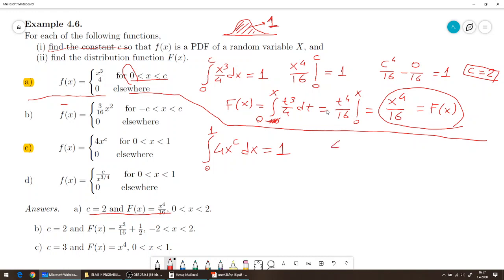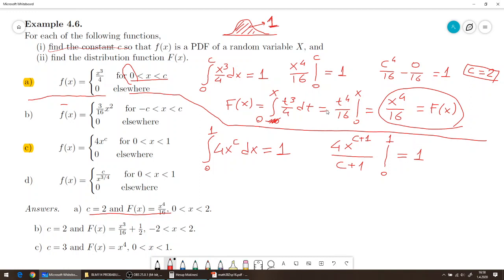So it is 4x power c plus 1 over c plus 1, from 0 to 1, must be equal to 1.